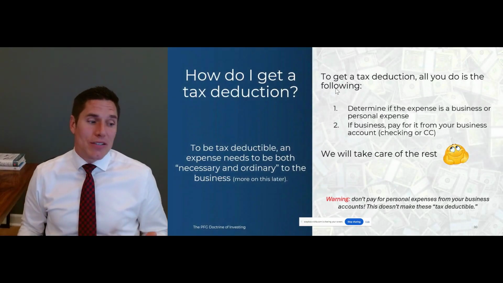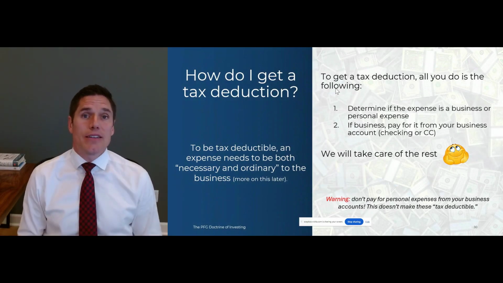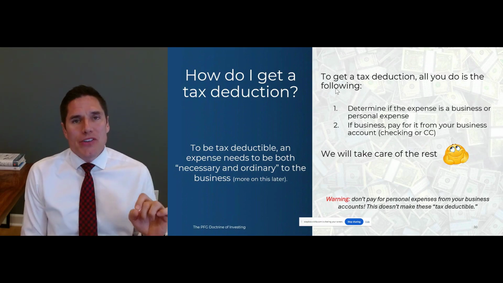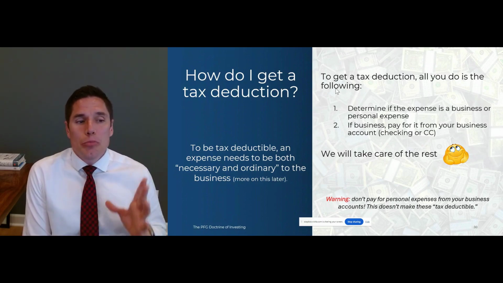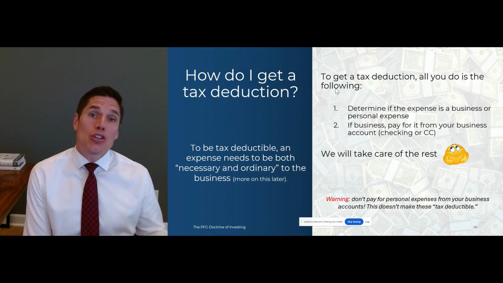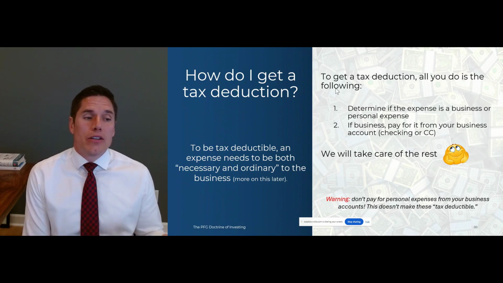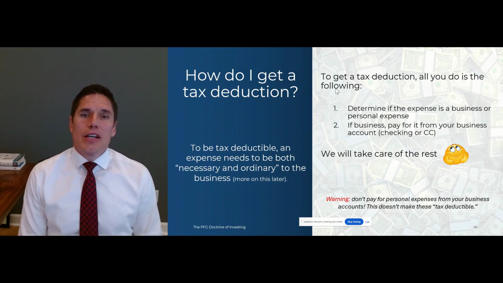Another question you're going to ask on managing your business entity is, how do I get a tax deduction? So let me emphasize this with regard to what a tax deduction is. To be tax deductible, an expense needs to be both necessary and ordinary to the business. I'll talk more about this later.